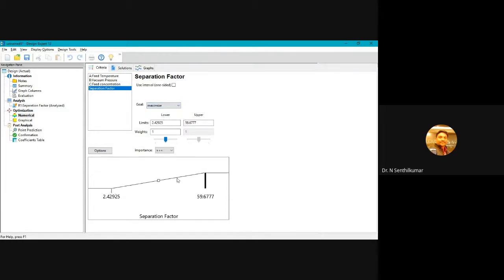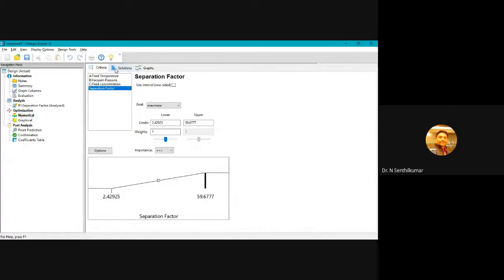You can see at the bottom, the lowest value is 2.42 and the highest value is 59. So in the steepest ascent, I'm going to search in the problem domain, or problem space, to identify the optimum conditions which fetch the highest separation factor. So in the steepest ascent, I'm going to select.